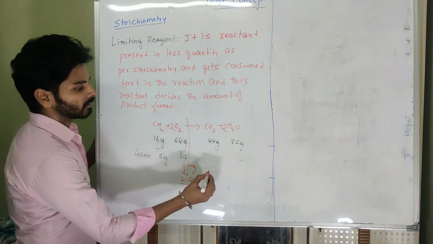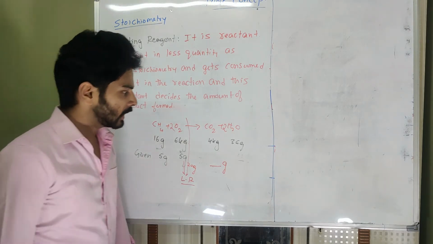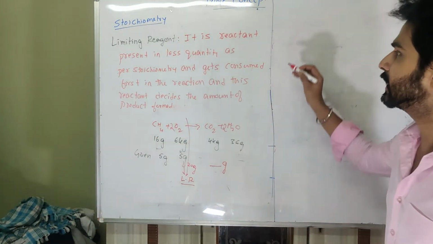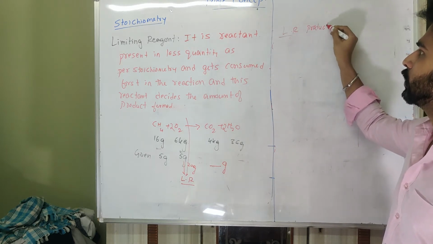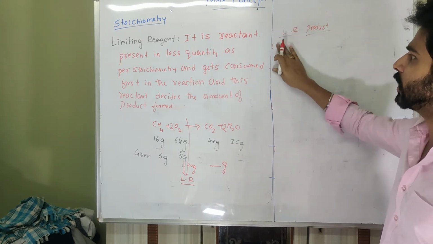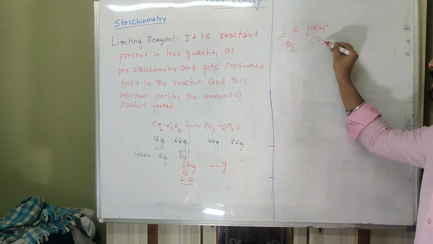Now let us say we are asked to calculate how many grams of CO2 is formed. Then we can now compare the limiting reagent with the product. So the limiting reagent we got as oxygen, O2, and that of the product is CO2.